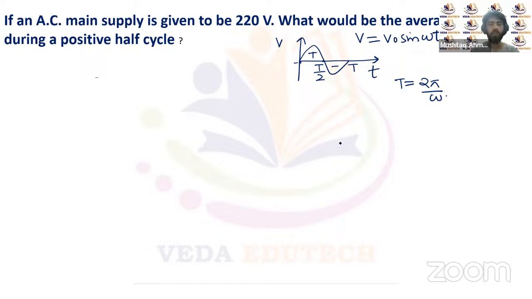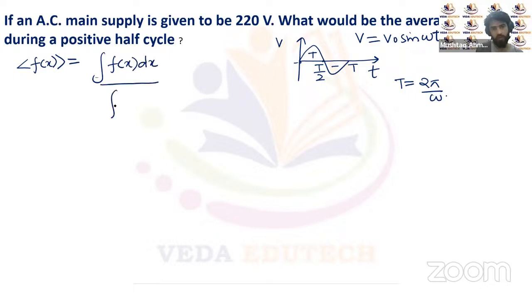So from here, we have to calculate the average value during the positive half of the cycle. We know that the average of any function is calculated using the integral of f of x dx upon the integral of dx, with limits x1 to x2.